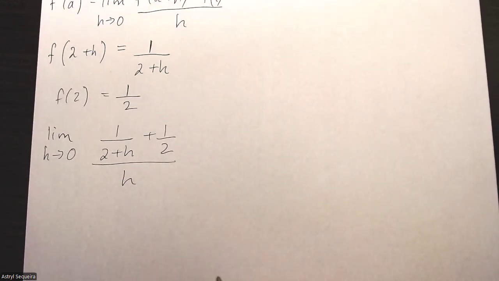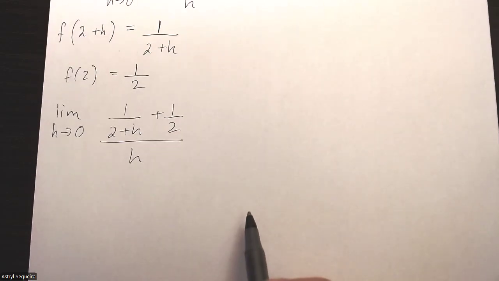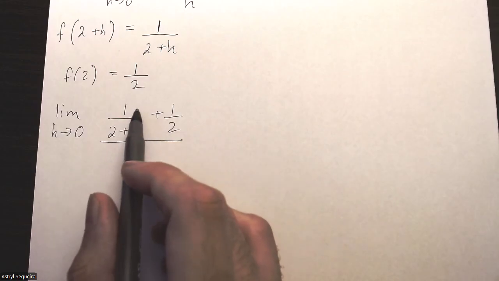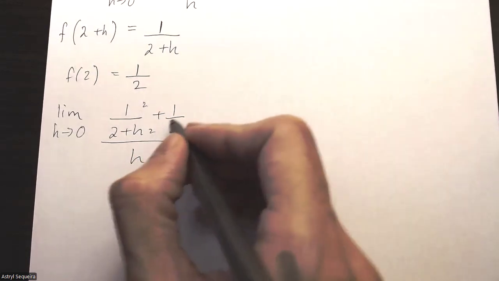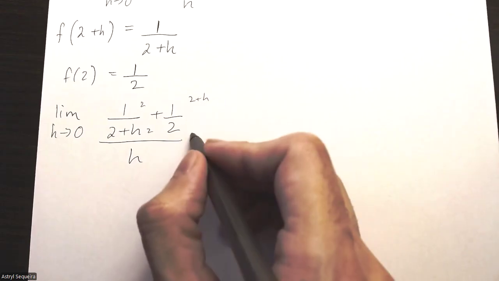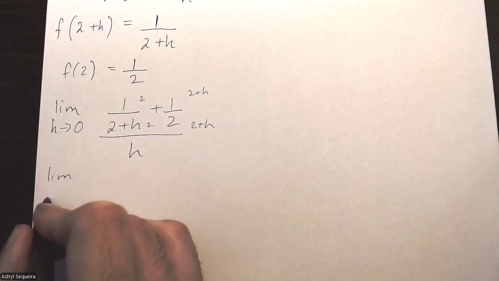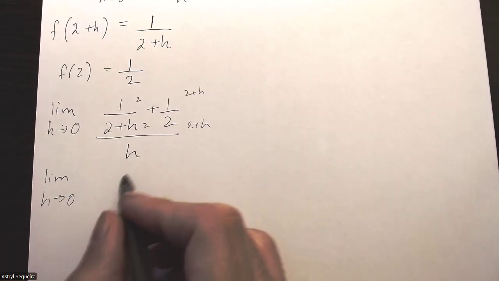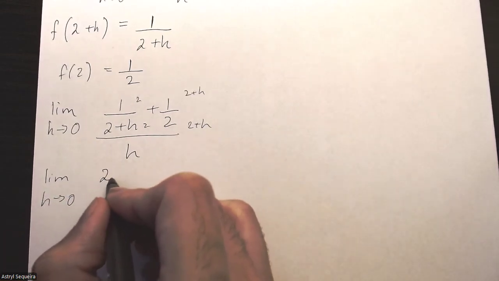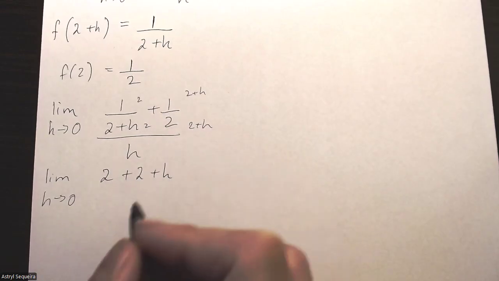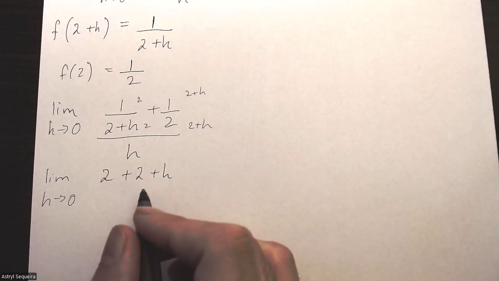Now I just have to simplify this. I'll start by making a common denominator in the top. I'll multiply 2 on the top and bottom over here, and I'll multiply 2 plus h on the top and bottom over here. So I have 1 times 2, which is 2, and then 1 times 2 plus h, which is 2 plus h.